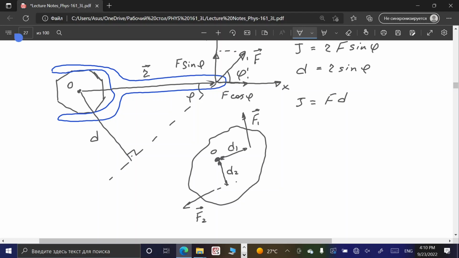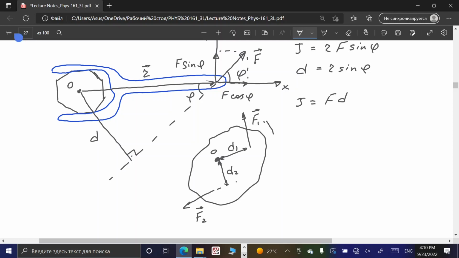So now, what do we see from this image? Force F1 tends to rotate this rigid body about axis O counterclockwise. As opposite to F1, F2 tends to rotate it clockwise. So they kind of counterbalance each other.